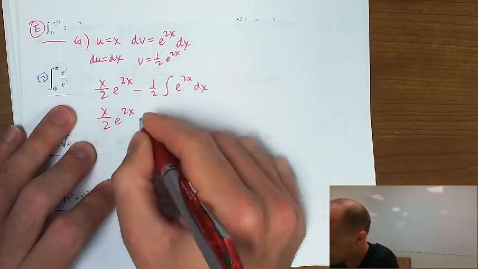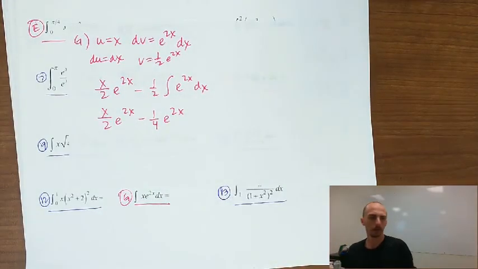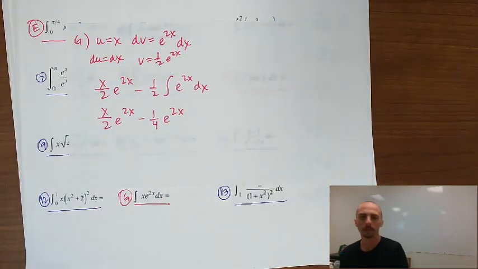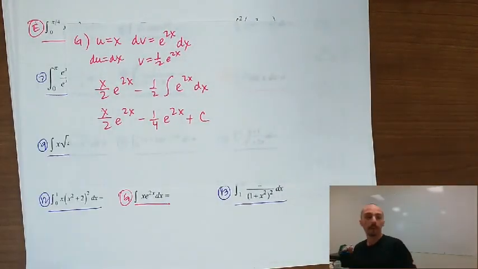Okay, I anti-differentiate that. I'm going to have a fourth to prepare for the chain rule. Got to have my plus c.